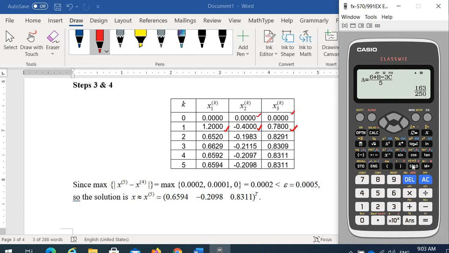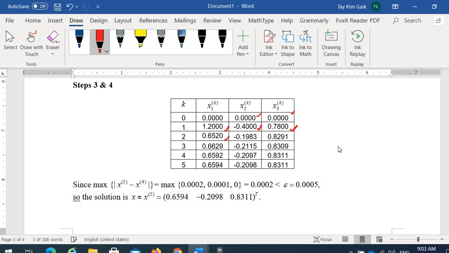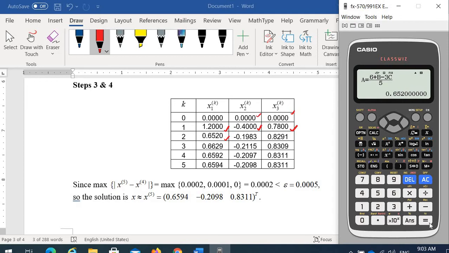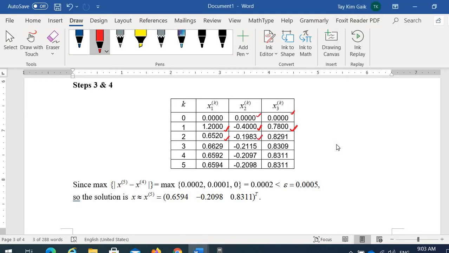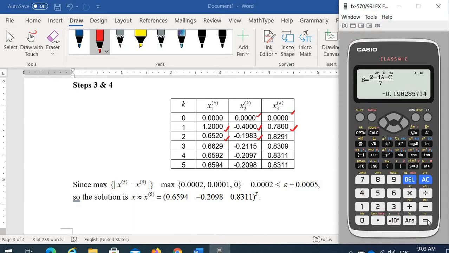So actually, B value, this now you have here, C value here, then you just equal. Okay, you convert here, you get this iteration K2, the A value. Okay, and then you keep on pressing equal, you get this is a B value, the latest B value, and then you press equal, this is the latest C value.